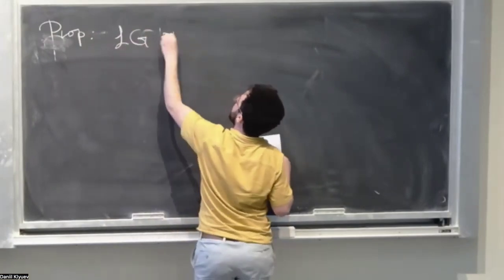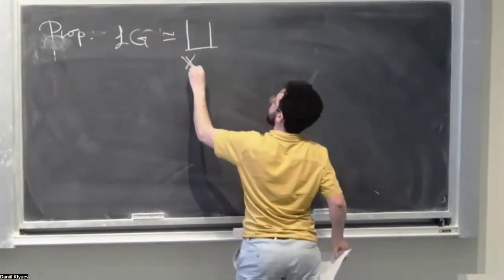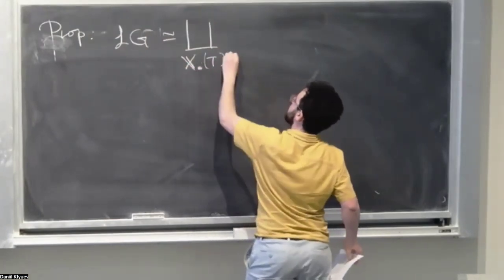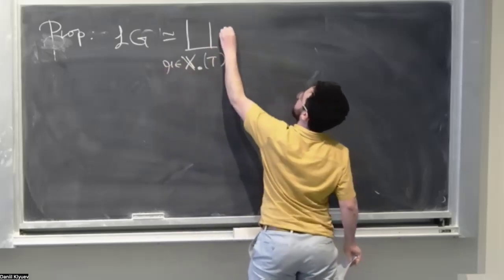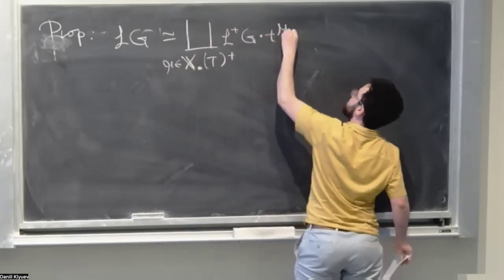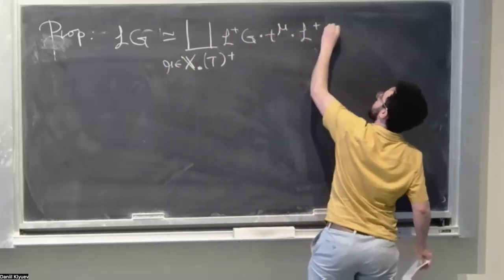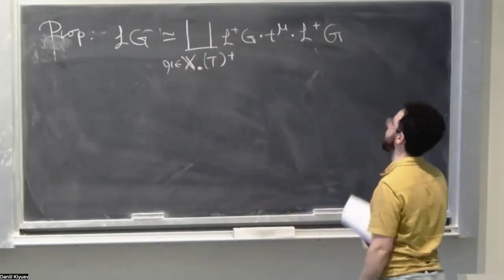All loops can be written as a union over dominant co-weights of positive loops times t to the mu times positive loops. So there's that Cartan decomposition.